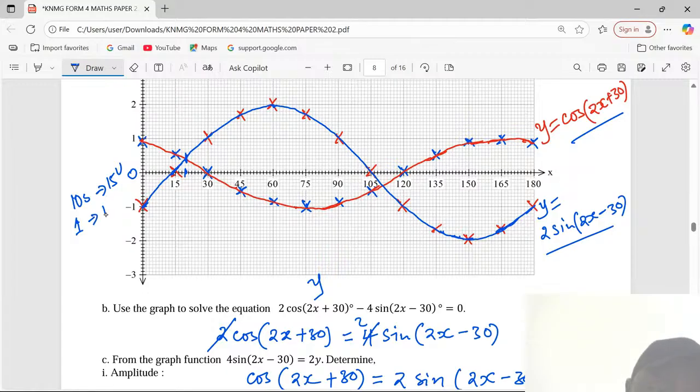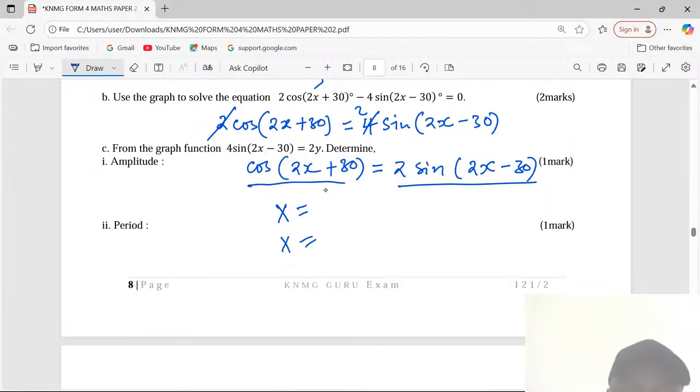One small square shall represent 15 times 1 over 10, so one small square is representing 1.5 degrees. So from 15, we have 1.5, 3, 4.5. So 19.5. 19.5 degrees. That is the first one.